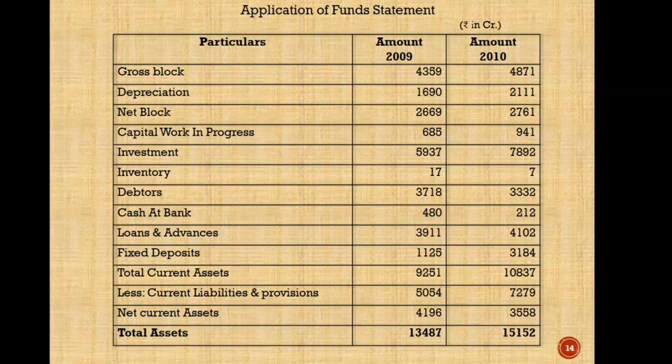The value or the balance of this particular asset fluctuate during a particular accounting year. So inventory always changes. The amount of inventory go on changing because we purchase, we use, we sell. So that's why the amount of inventory changes.